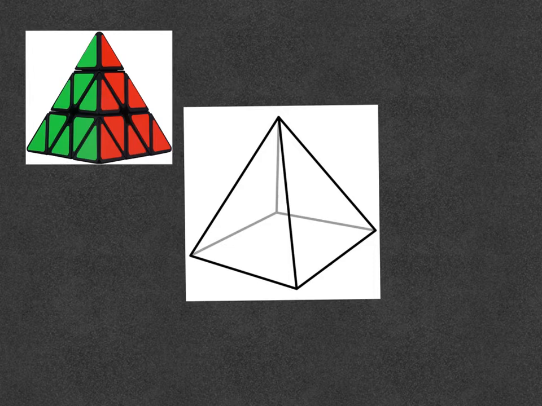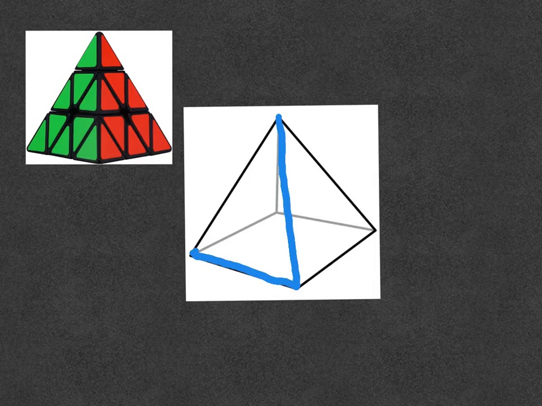Now let's look at a pyramid. You might have seen a pyramid or a triangular prism in the shape of a Rubik's Cube, but let's look at this one that shows all the faces. Again, we need to find the area of this face.